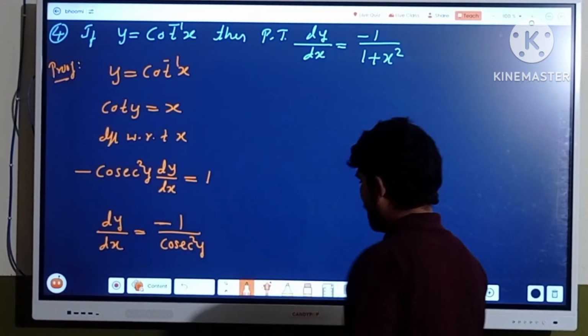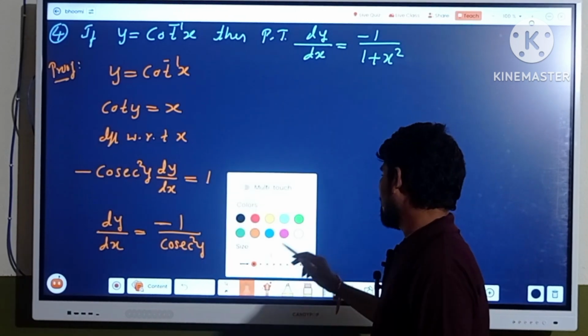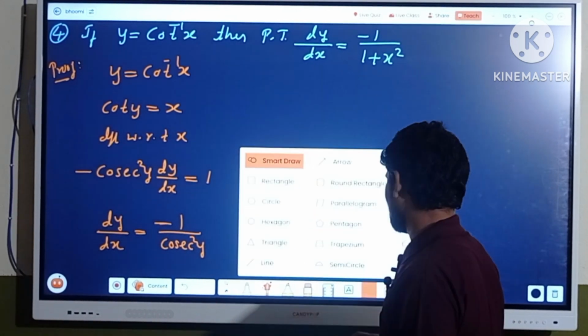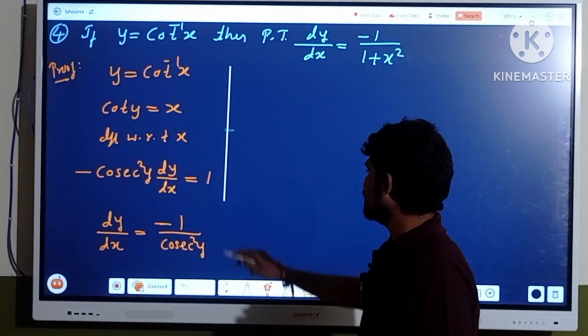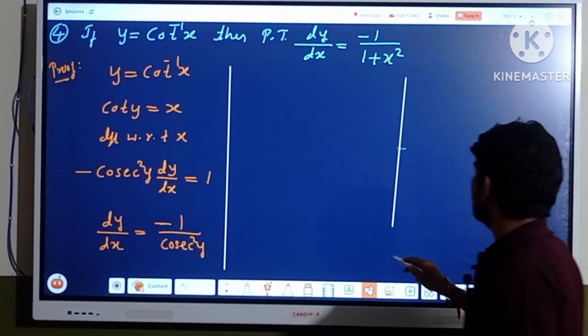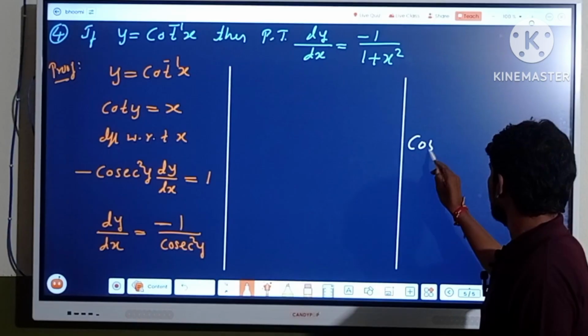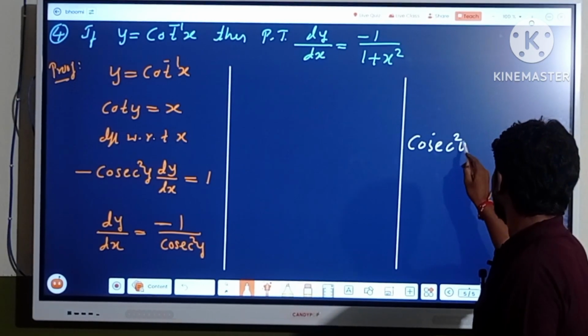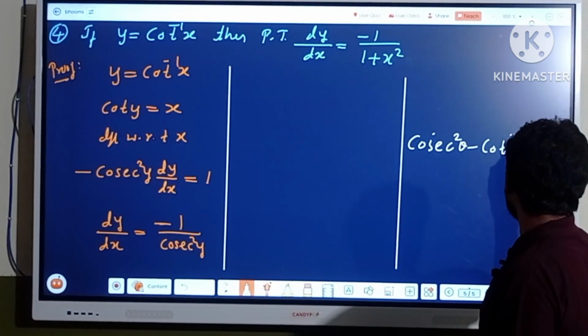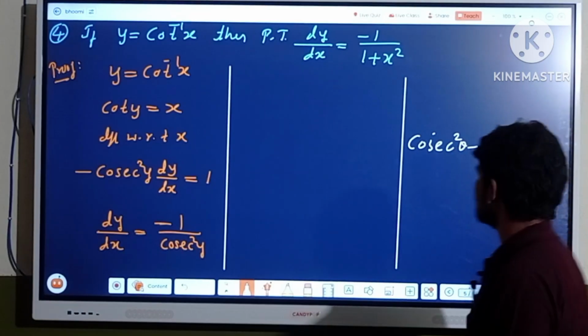Now by using another basic identity of the trigonometric functions, that is, cosecant square theta minus cot square theta is equal to 1.